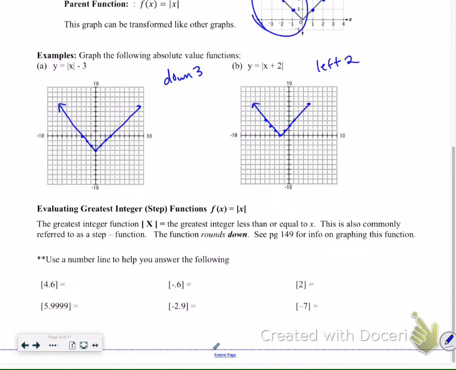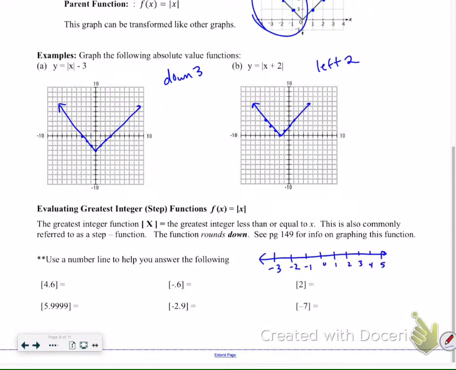So think about a number line as we do this. We'll kind of draw this as we go. If I'm doing the greatest integer of 4.6, looking at the numbers I have here, I don't need to do the -7. You'll see why in a minute. So we'll go from -3, -2, -1, 0, 1, 2, 3, 4, 5.